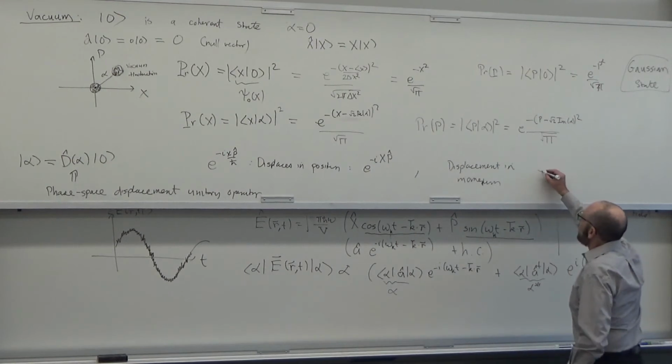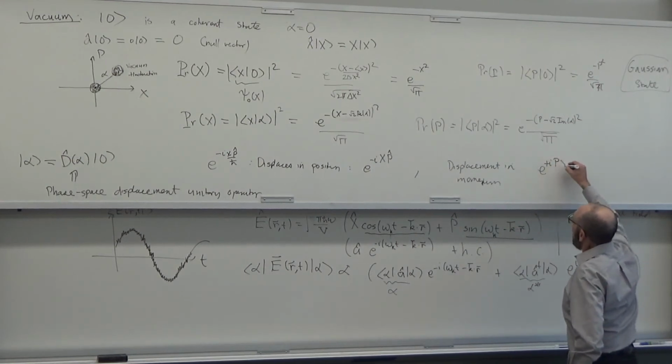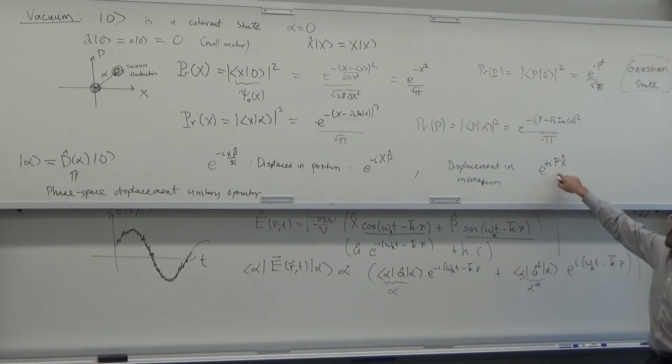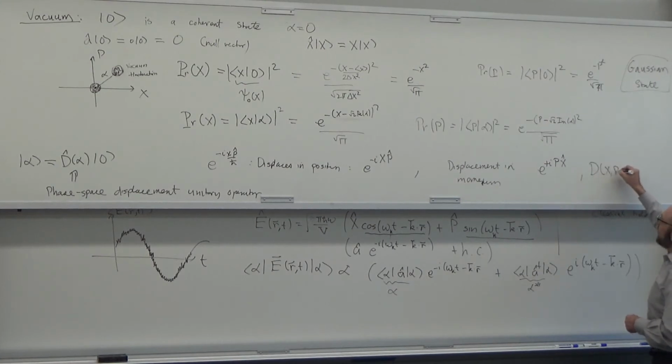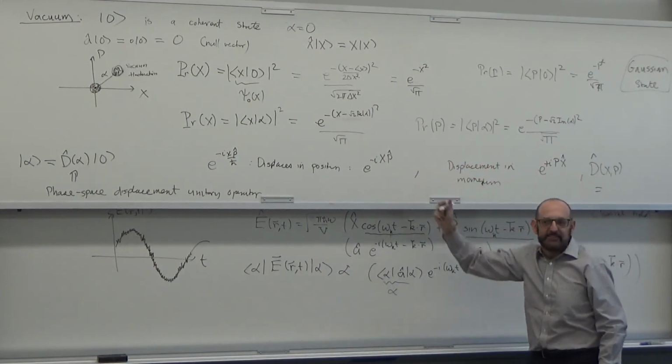So e to the plus i p x hat displaces by an amount p. So if I want to both displace in position and momentum, and I want to do so in a way that doesn't bias me to one or the other because x and p don't commute, what should I write as a thing that simultaneously displaces me in position and momentum? Yeah, I want to have both of these guys in the exponent.